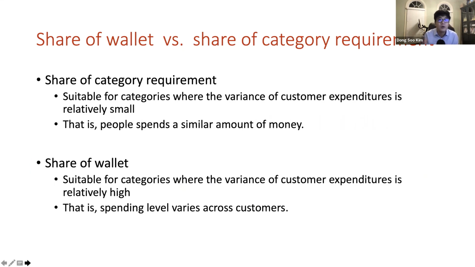Then, when should we use share of category requirement instead of share of wallet? The share of category requirement is suitable for the categories where the variance of customer expenditures is relatively small. Let's think about consumer packaged goods in grocery stores like soda.